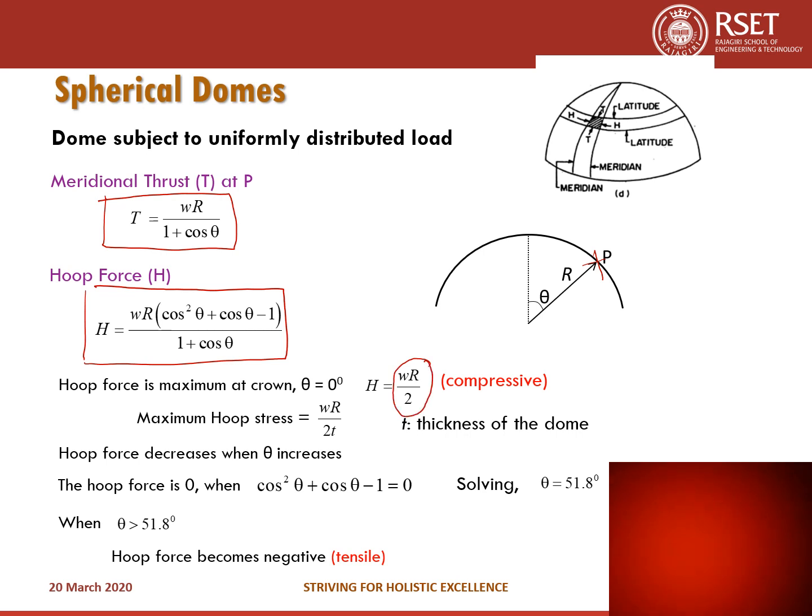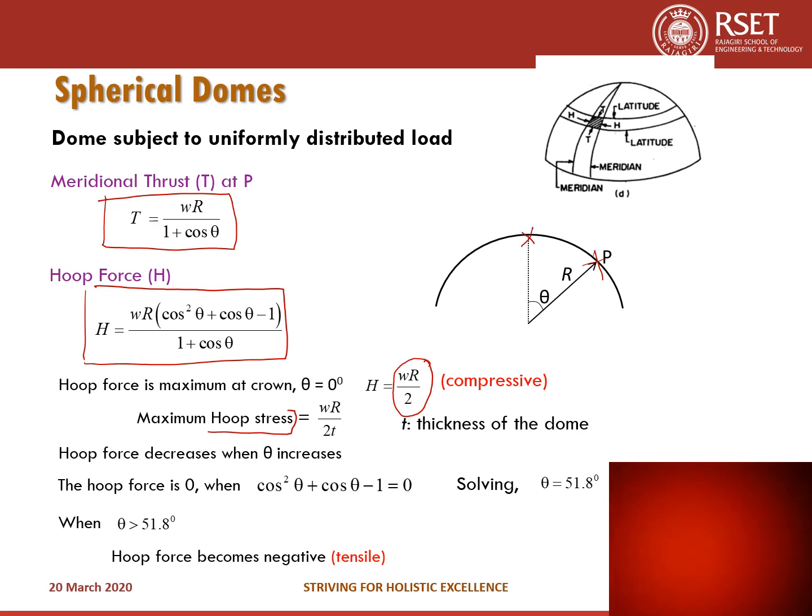That means it is compressive, so it is hoop compression. If you want to convert the hoop force into hoop stress, you divide by t, the thickness of the dome. So WR/2t will be the hoop stress at the crown. That is the maximum hoop stress.